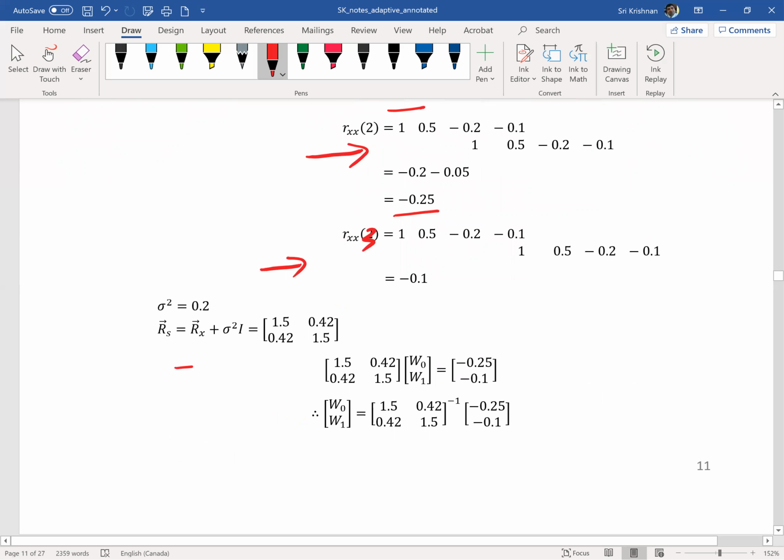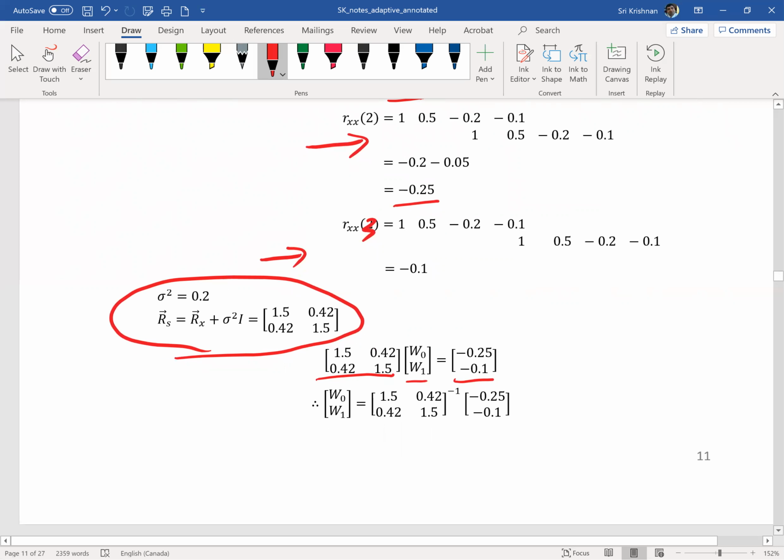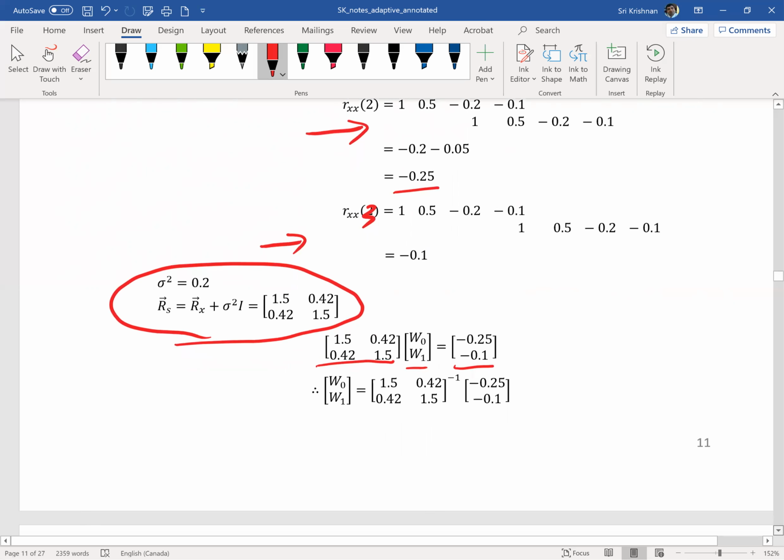By using that, we have determined that the input to the adaptive system is this matrix times the weight vector times the cross correlation matrix P. Now it becomes very simple. The weight vectors are nothing but the inverse of the autocorrelation matrix times the P matrix. Now you can compute your weight vectors W0 and W1, and there you go.